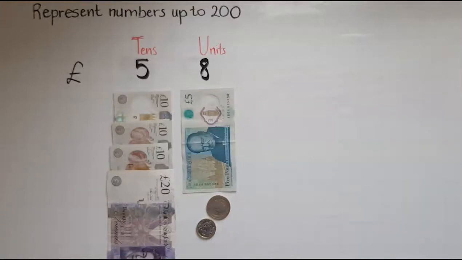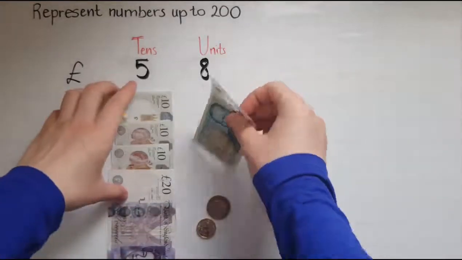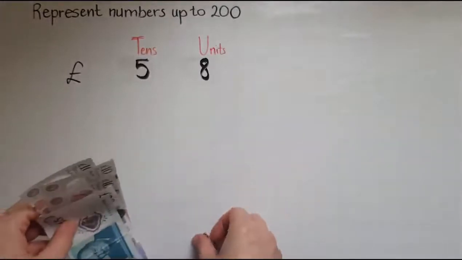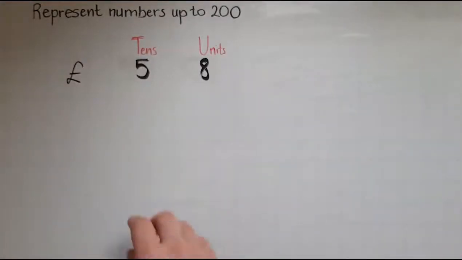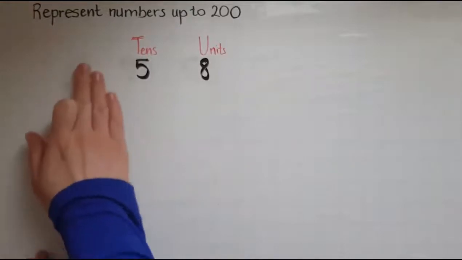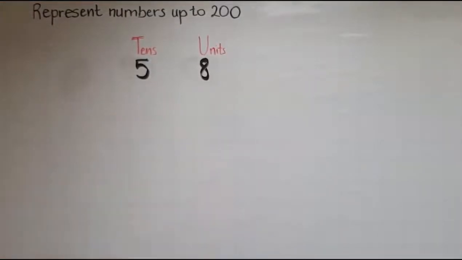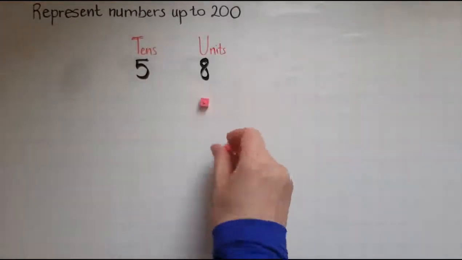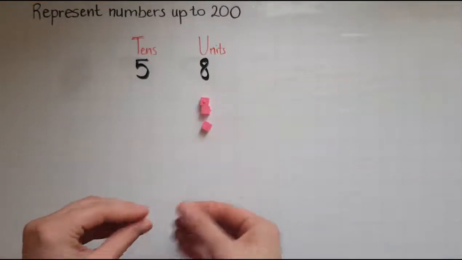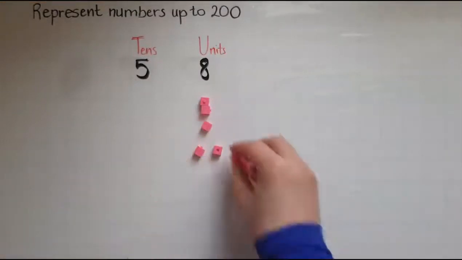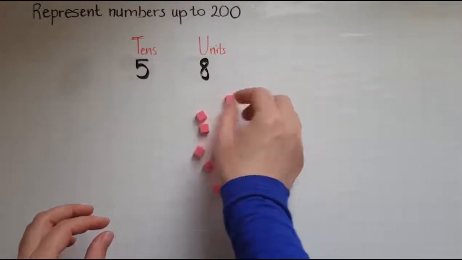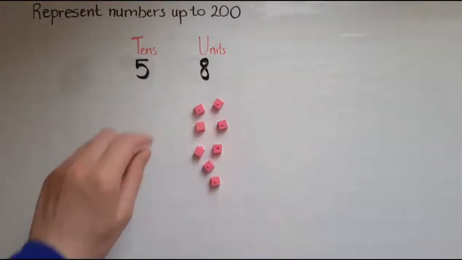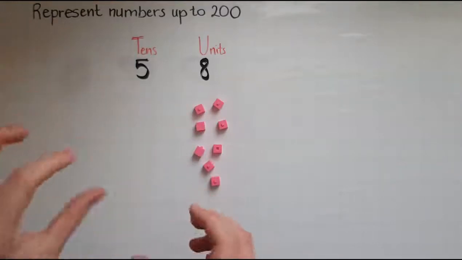I will now use cubes to represent the same amount. So I'll take away the money and I'll represent this amount using cubes, and I'll take away the pound sign. So this is telling me that I've got 8 units. So I'm going to add 1, 2, 3, 4, 5, 6, 7, 8 single units or single cubes, and I've got 5 tens, so blocks of 10.